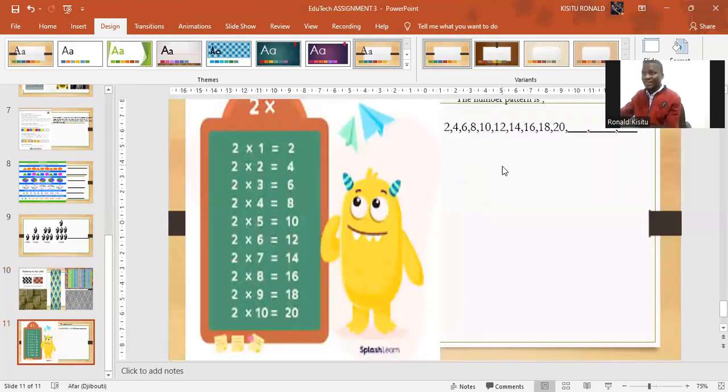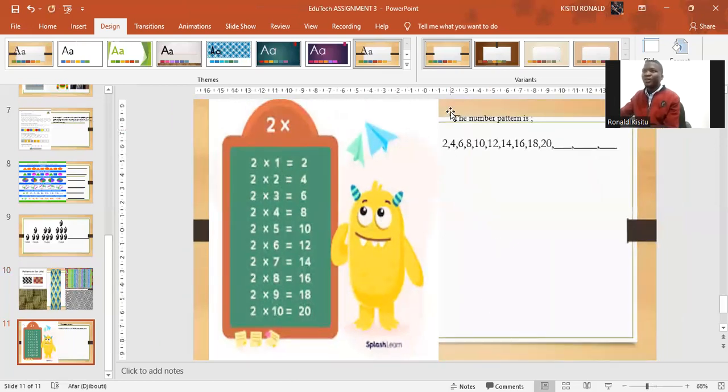my last example is going to be this one. Now this is times 2 to get the number pattern. So from the first one, you multiply by 2. 2 times 1, 2. 2 times 2, 4. 2 times 3, 6.